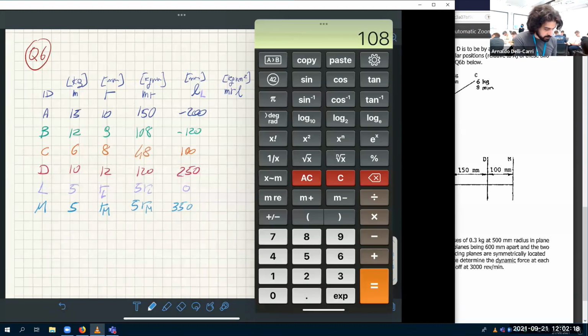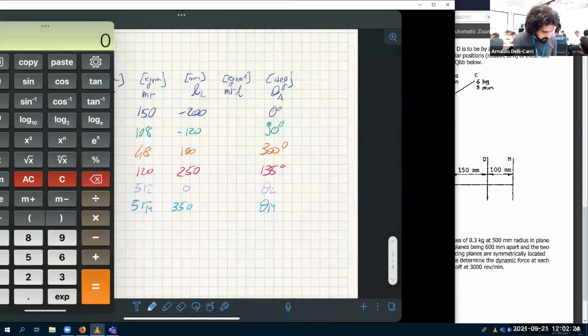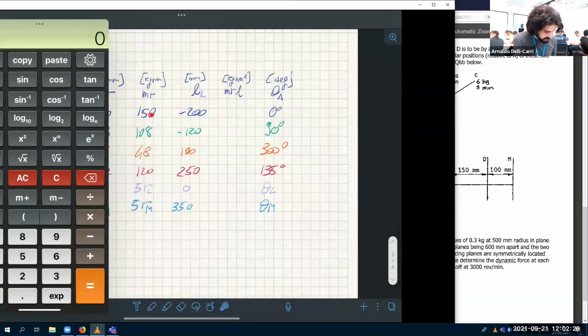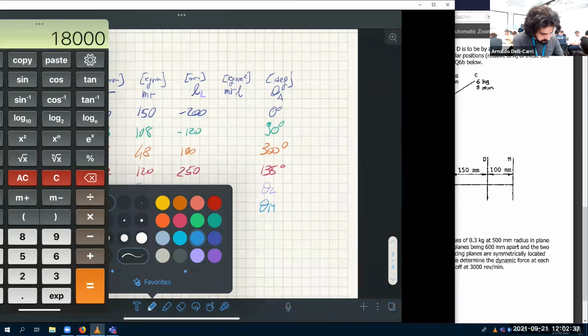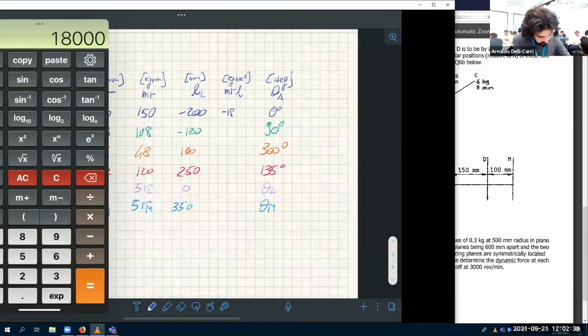And the MRL, I'm doing this times this. So this is 300, so it's 150 times 120, negatives, minus 18,000. This is 108 times 120.